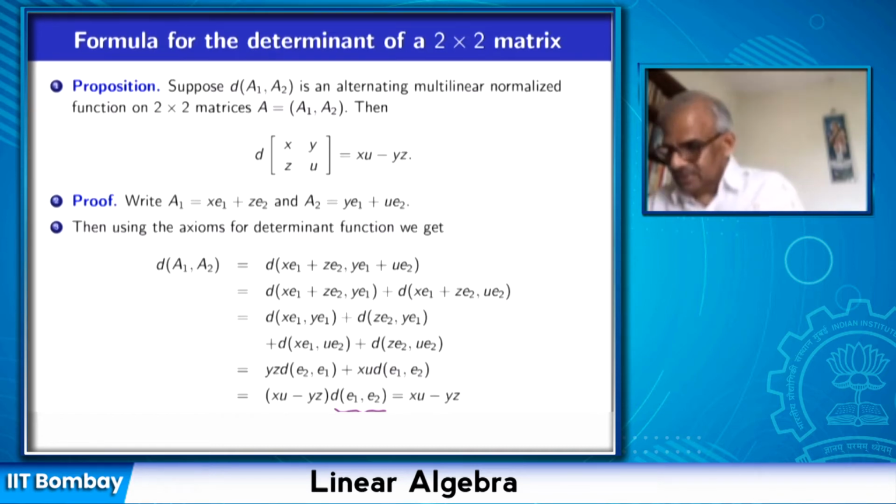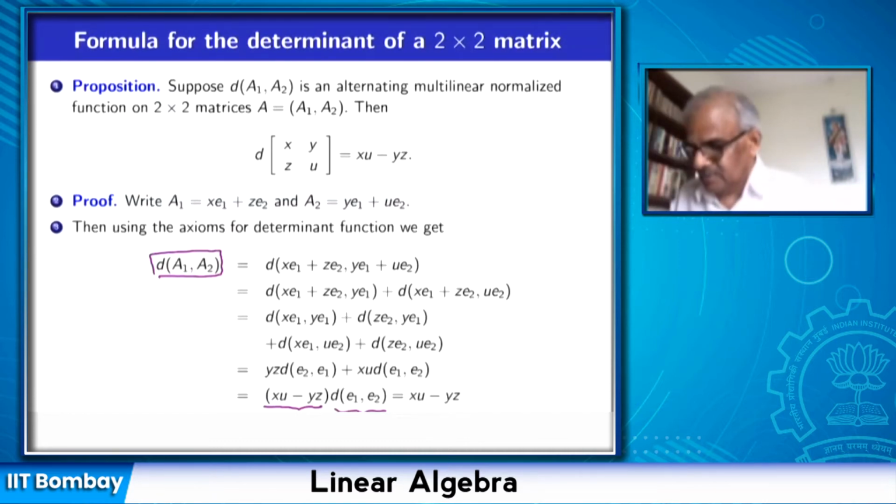So we have derived the formula for 2 by 2 matrices simply by using the multilinearity, normalization, and alternating properties. All three properties are used to derive this formula. If you don't use the normalization property, what it says is that any function which is multilinear and alternating on 2 by 2 matrices is equal to the usual determinant times the value of D on the identity matrix.